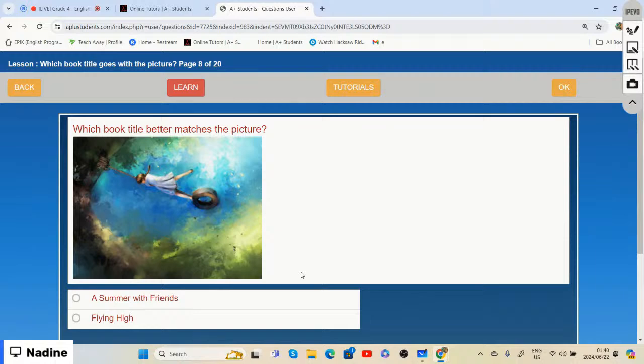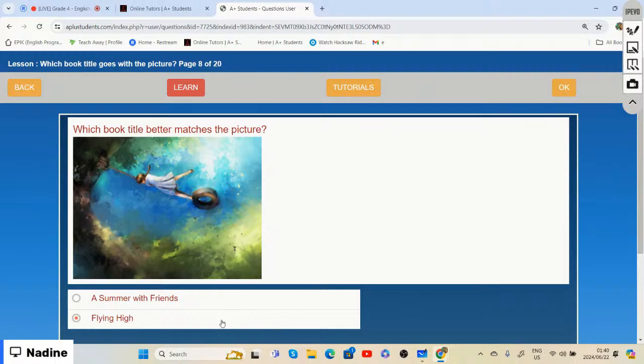All right, and if we were to choose the correct one, we will say it is Flying High because it looks like she's on some swing, a rope that is just put on a tree with a tire, and she is basically swinging quite high.